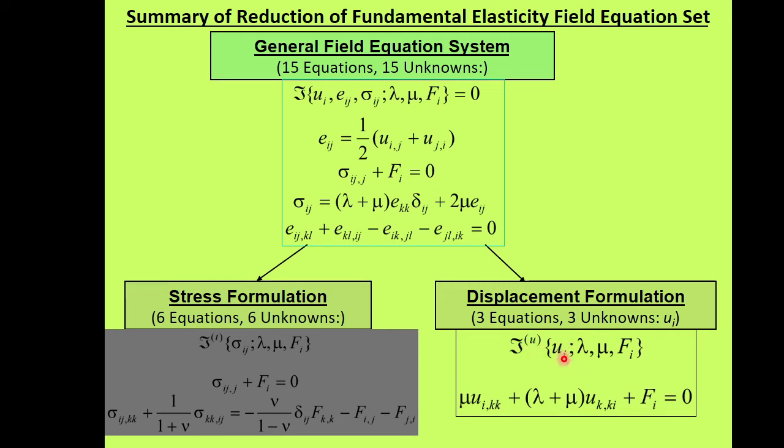You can say U is the independent variable. Epsilon and sigma are in terms of U, these are problem parameters. Okay. So that way we represent the problem. Basically the problem formulation is included in this particular equation.